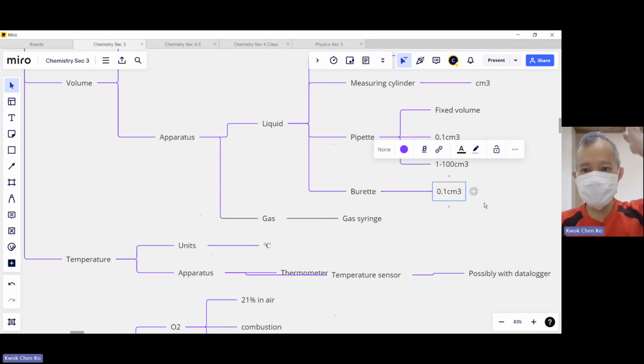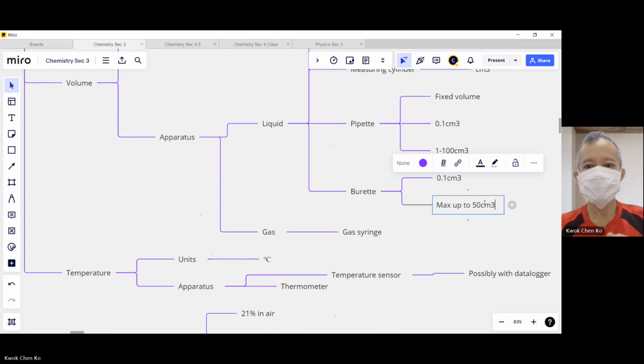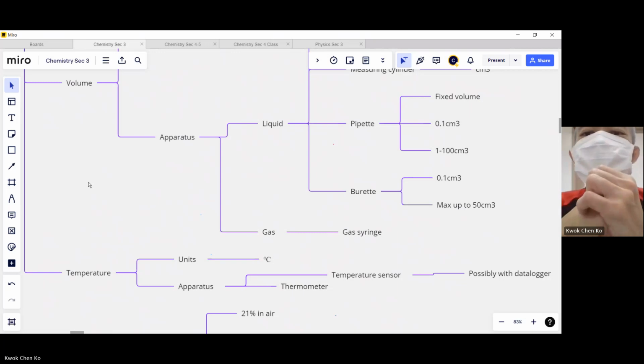But I want you to write down maximum up to 50. So again, same idea. If your question wants you to measure something more than 50, you cannot use it.